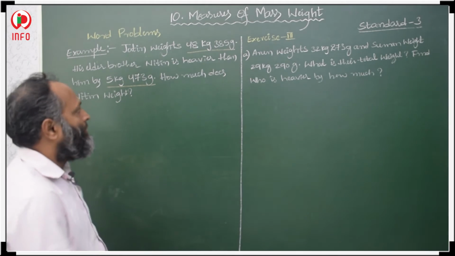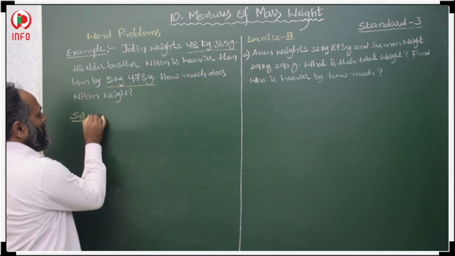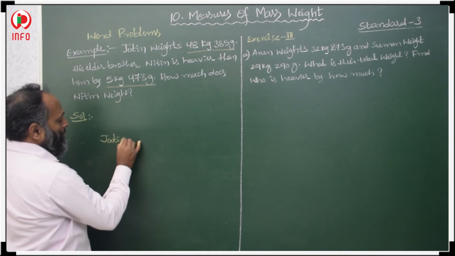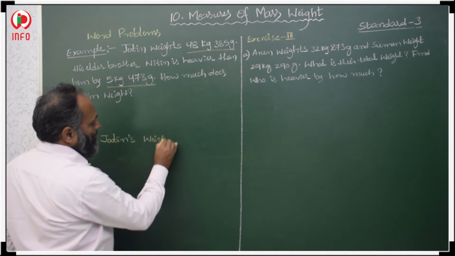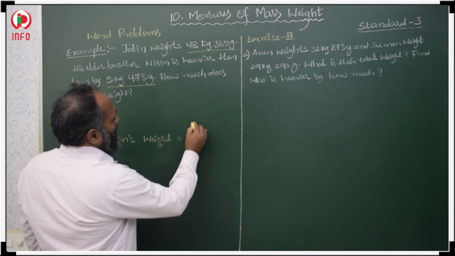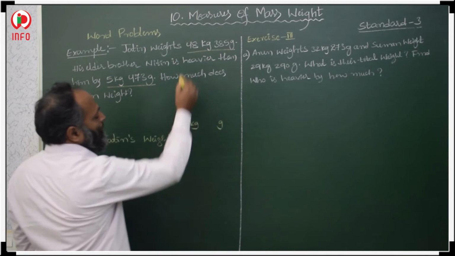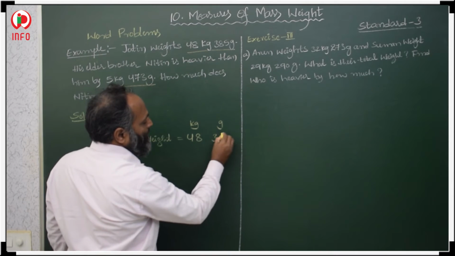Then you will get Nitin's weight. Solution. Jatin's weight. Here kgs, here grams. 48 kgs, 385 grams.